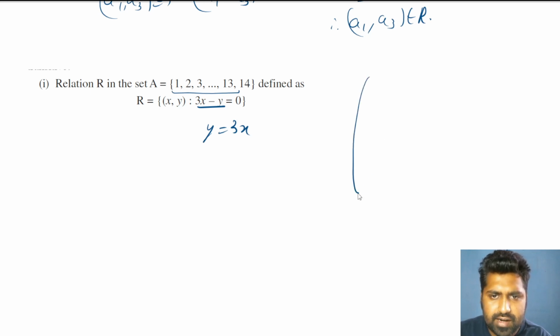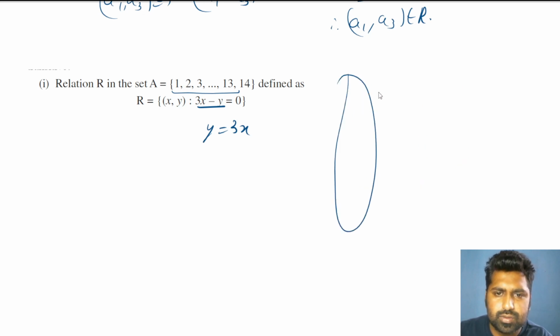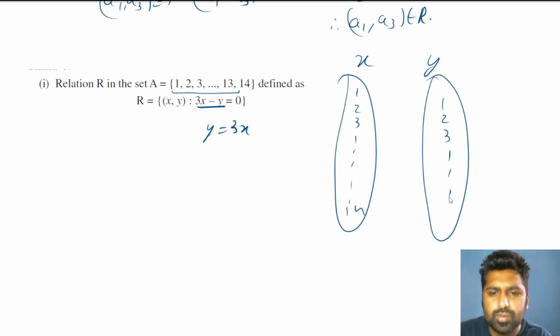If I draw this, something you can recall from grade 11th relations. This is the value of x, this is the value of y, and there is a relation between them. 1 2 3 up to 14. Similarly 1 2 3 up to 14, and we have to link up the elements which satisfy this. So if I put x as 1, what do I get? y as 3. If I put x as 2, I get y as 6.